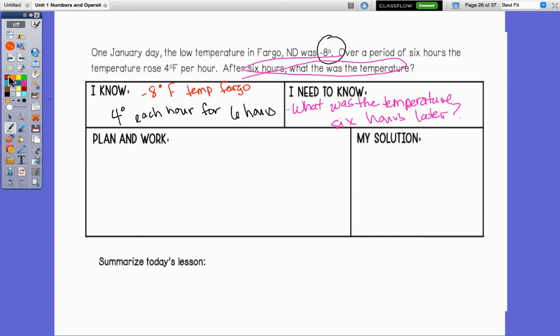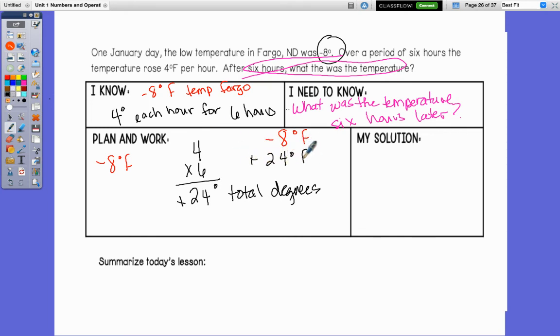I know my starting temperature was negative 8. I also know that it rose 4 degrees for 6 hours. So I have 4 times 6, which gives me how many total degrees? 24 total degrees. I wrote that in black intentionally because that's a positive number. So now you have to finish it. You have negative 8 degrees plus 24 degrees. Can you tell me what the solution is?